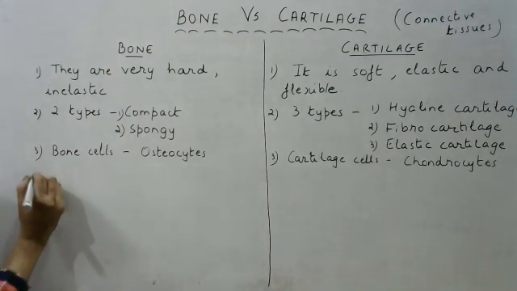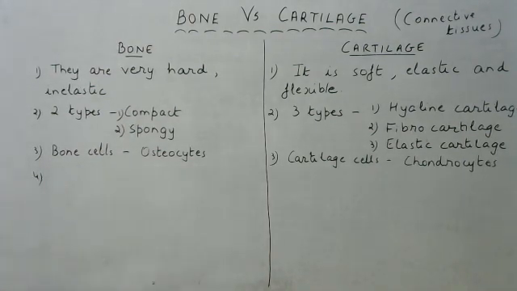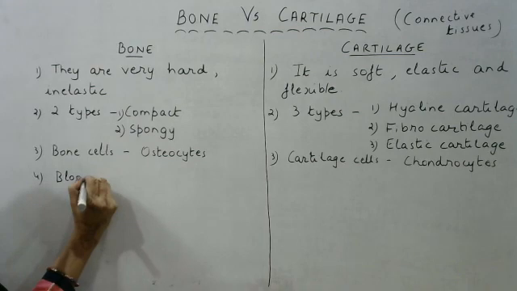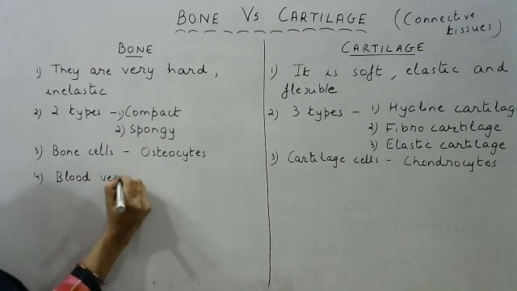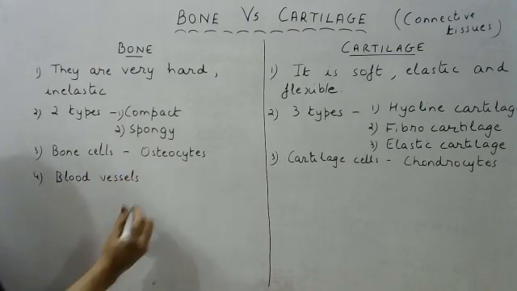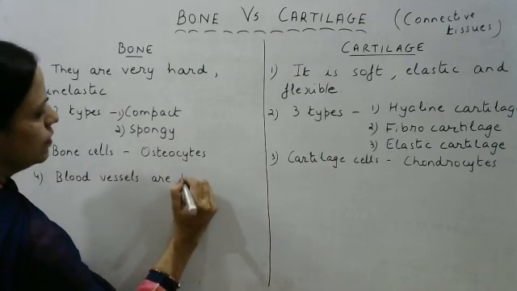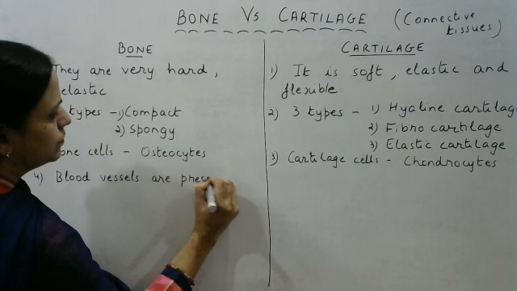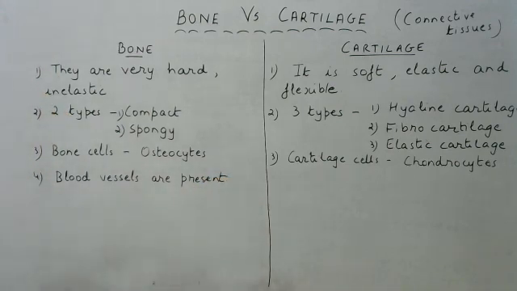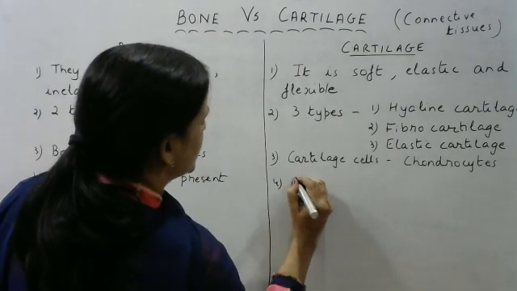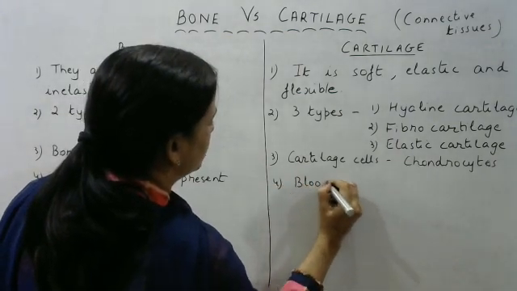Then the fourth point of difference which we can write here, blood vessels are present in bone. So bone is a vascular tissue. So when we say a vascular tissue, it means that the blood vessels are present. Whereas in case of cartilage, there are no blood vessels.